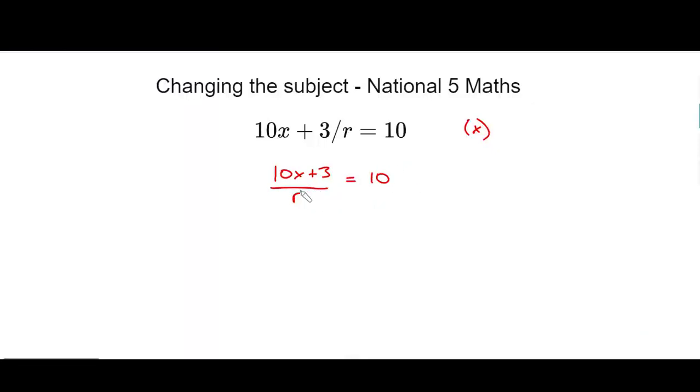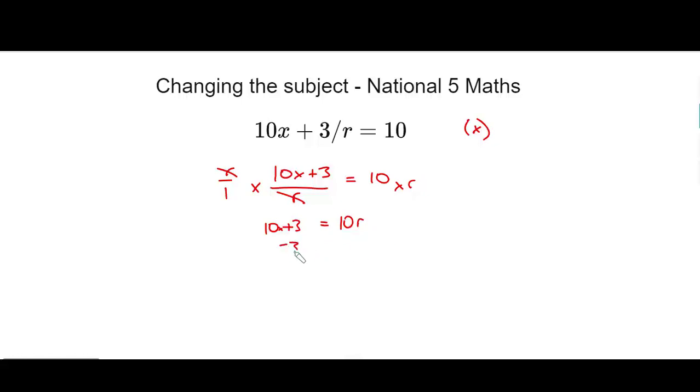So we've got to rearrange for x. Again, it's divided by r, so if we multiply by r, they can cancel. That gives us 10x plus 3 is equal to, multiplying by r on this side, 10r. So that's 10x plus 3 is equal to 10r.